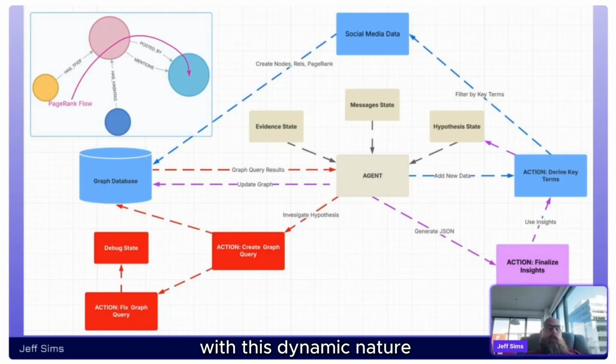With this dynamic nature comes some challenges. Of course, there's going to be queries that don't work and so on. So we give it a debug method and also a debug state so we can get those queries working, and we hit the graph database. After the graph query results return to the agent, it looks: can I extract some evidence based on the hypothesis that I'm investigating?